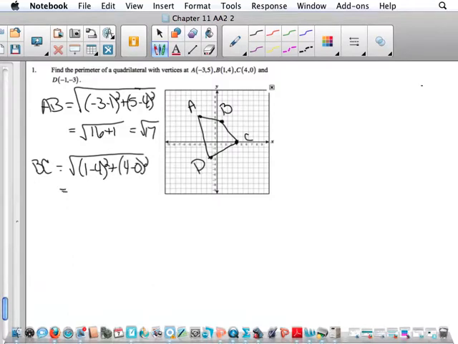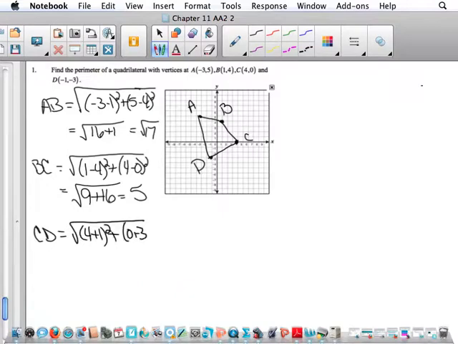So that's going to be -3 squared, which is 9, plus 4 squared, which is 16, square root of 25 is 5. Then CD is equal to the square root of (4 plus 1) squared plus (0 minus 3 plus 3) squared actually. So 25 plus 9, so the square root of 34.